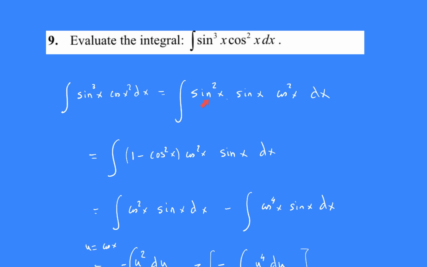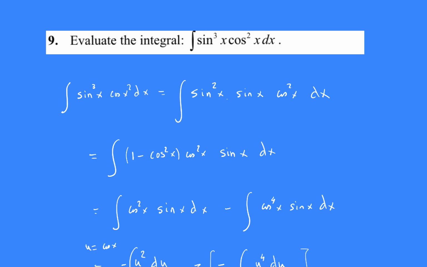The trigonometric identity is that sine squared of x is 1 minus cosine squared of x. If you multiply this out, it would appear cosine squared of x sine of x dx, and cosine to the 4th of x sine of x dx, so two integrals appear.